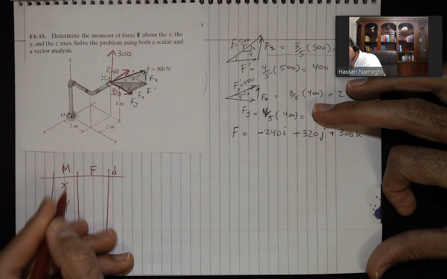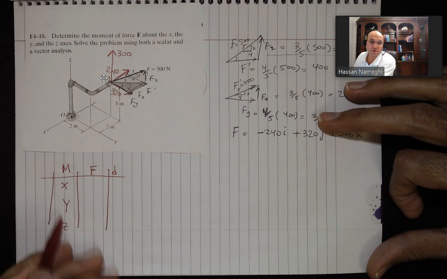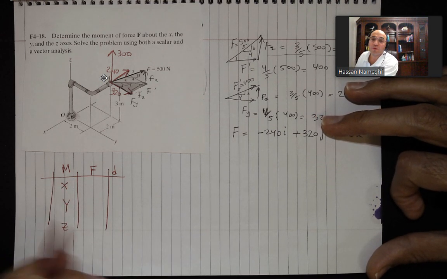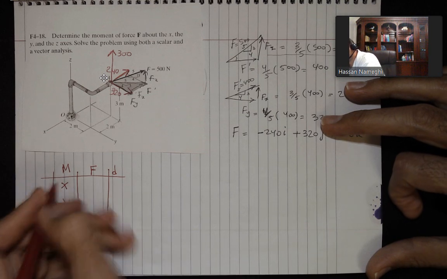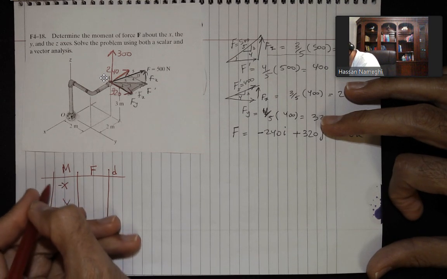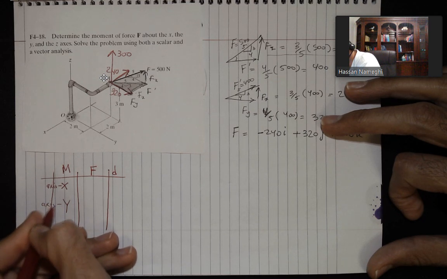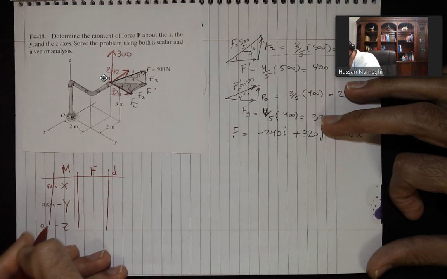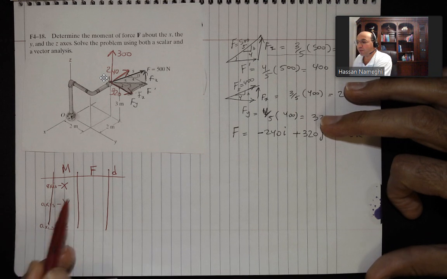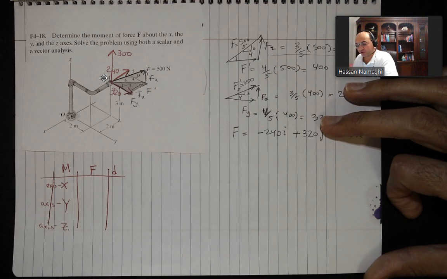So when we say doing moment in 3D, we do moment about axis. And these are the x-axis, y-axis, and z-axis. If I do moment about x-axis, y-axis, z-axis, I need to see what's going on, right?